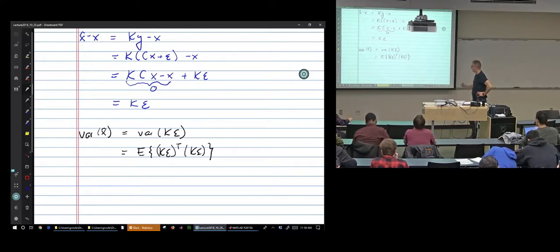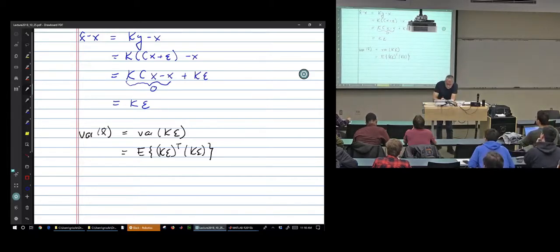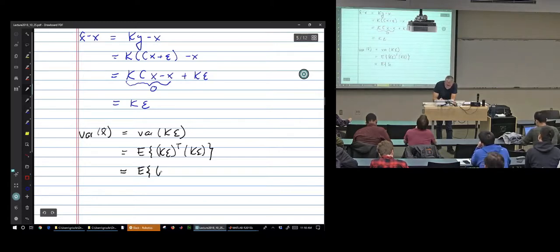So this is a scalar, so I can slip in a trace right here and not change anything. This is that trick we looked at earlier. So it's trace, K epsilon transpose K epsilon.